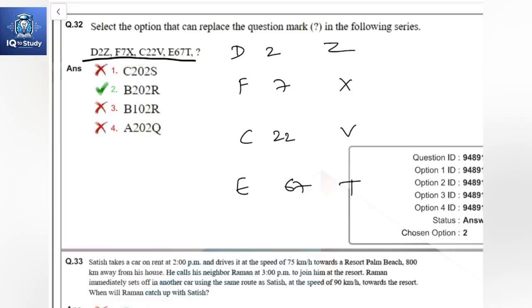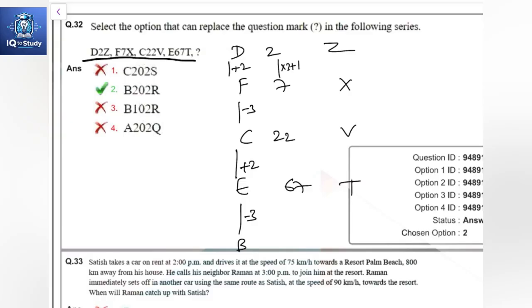The logic is like D plus 2 is F, F minus 3 is C, C plus 2 is E. So, E minus 3 is B. And similarly here, 2 into 3 plus 1 is 7.